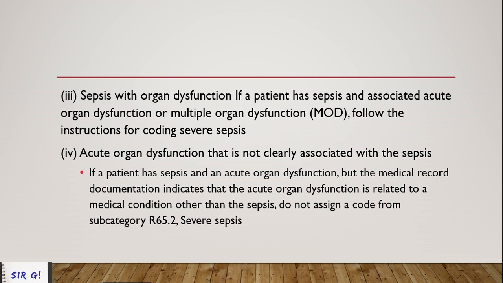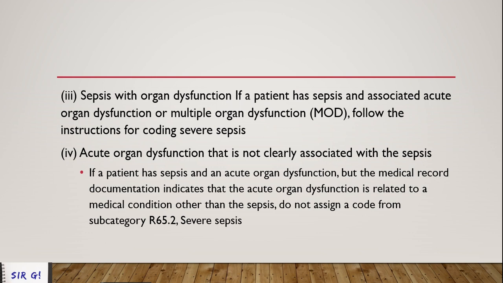Next, sepsis with organ dysfunction. So if a patient has sepsis and associated acute organ dysfunction or multiple organ dysfunction, follow the instruction for coding severe sepsis. I'll be discussing your sequencing later when we have your coding for severe sepsis. But I already touched on it.